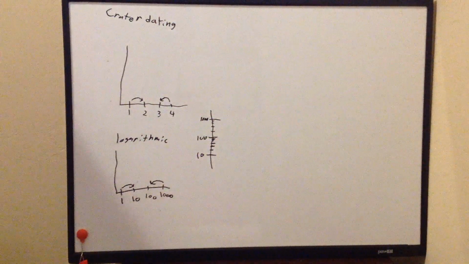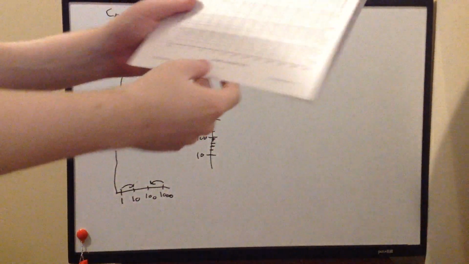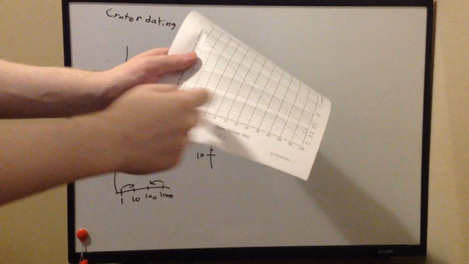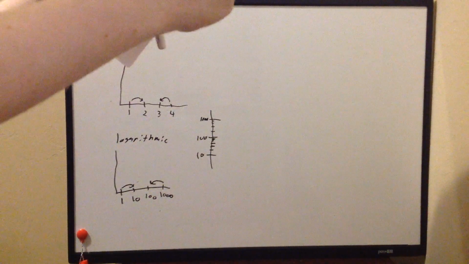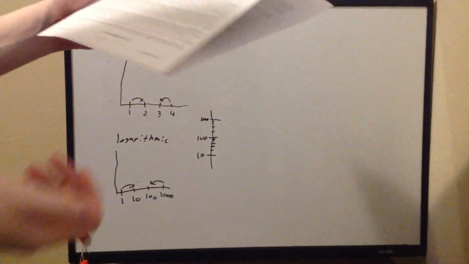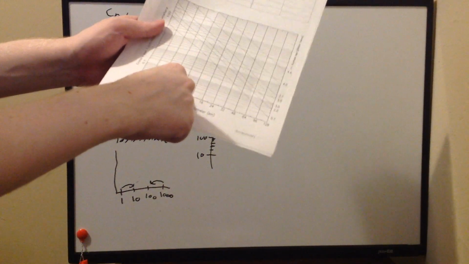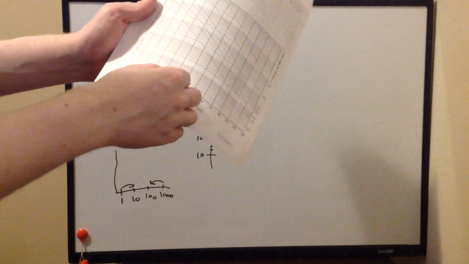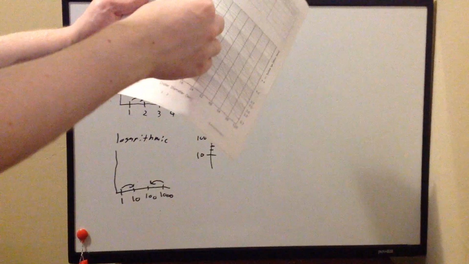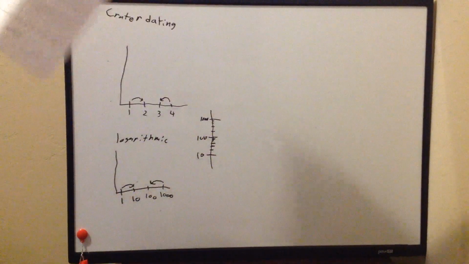This is a plot of the crater diameter in kilometers on the x-axis and the number of craters per million square kilometers of that size on the y-axis. So for instance, if you're looking at 7-kilometer diameter craters and you have 20 of them, then you'd go to 7 and then here's 10, so that would be 20. You'd plot a point right there as an example.